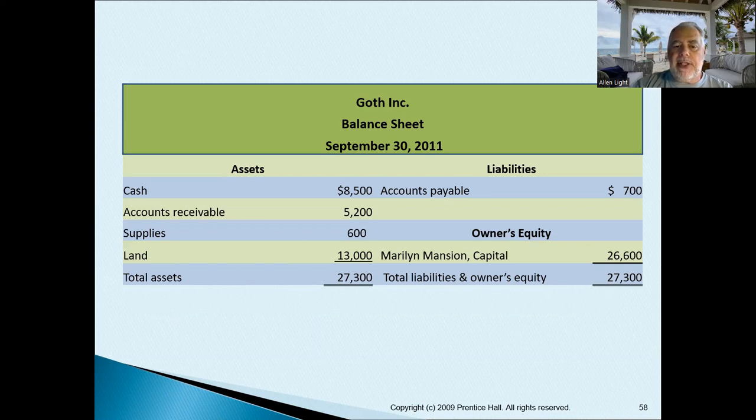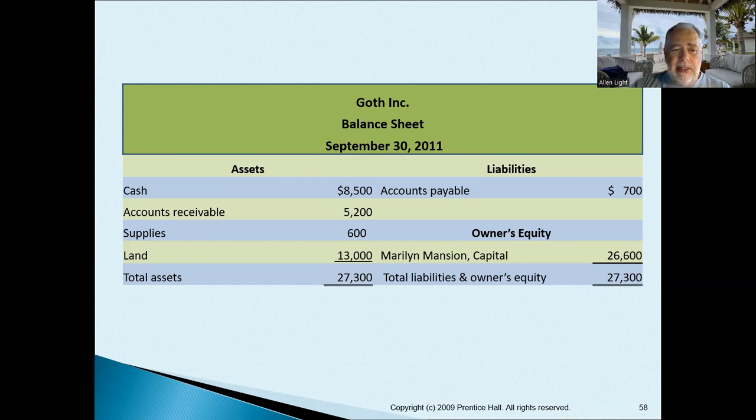Liabilities, accounts payable, 700. Owner's equity, 26,600, which we just calculated from the last statement. Total liabilities and owner's equity, 27,300. So they balance. Now, in this particular format, they've got assets on one side, liabilities, owner's equity on the other side. Makes it easy to see the accounting equation.